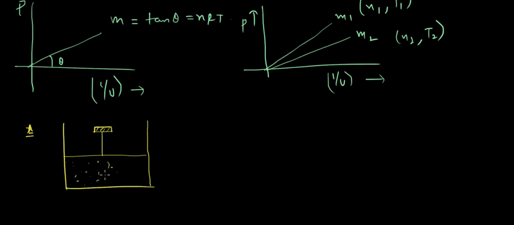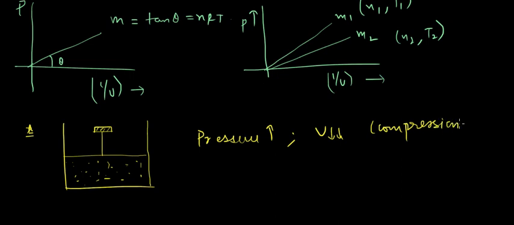So here we can say that as pressure increases, as we put more and more weight on top of it, the volume of the gas will decrease, and this phenomenon is known as compression. And as we lighten the weight on this, in a sense we are decreasing the pressure, hence volume will increase, or this boundary will go upwards.